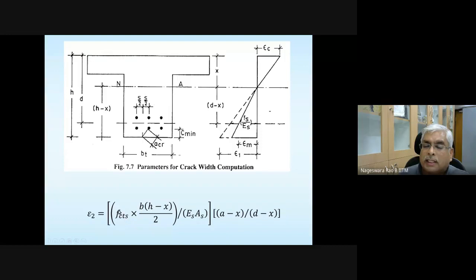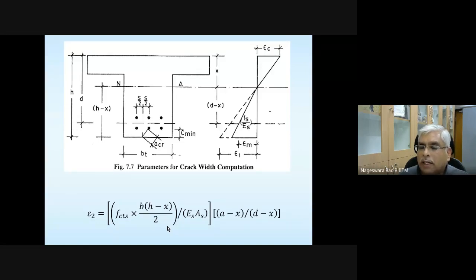This is the stress in the concrete, which is varying triangularly over the depth, over the cracked portion. It is varying from 0 here to the maximum value here. And the average value is going to be FCTS divided by 2.